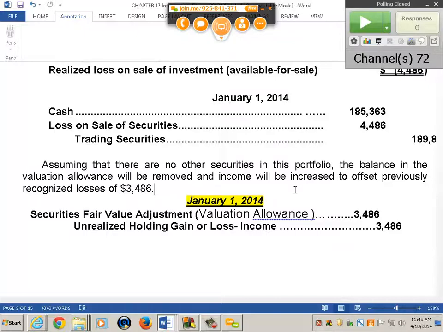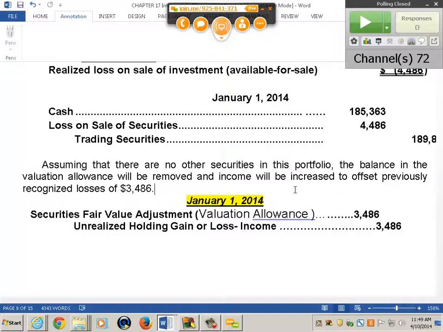The one entry I would make, I'll put this on the side, I would debit the cash account for the amount I receive, that would be $185,363.